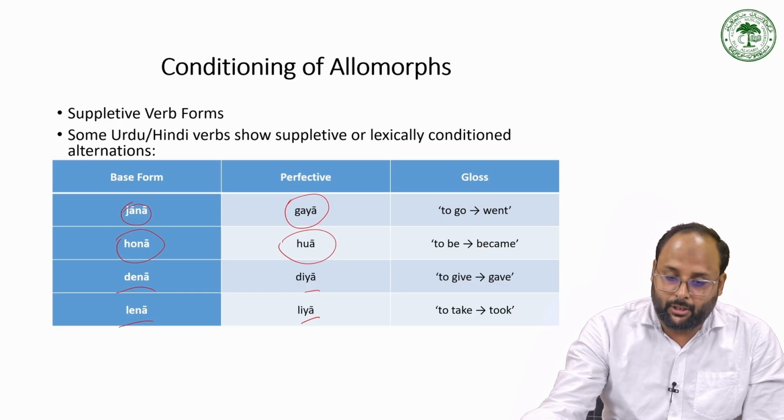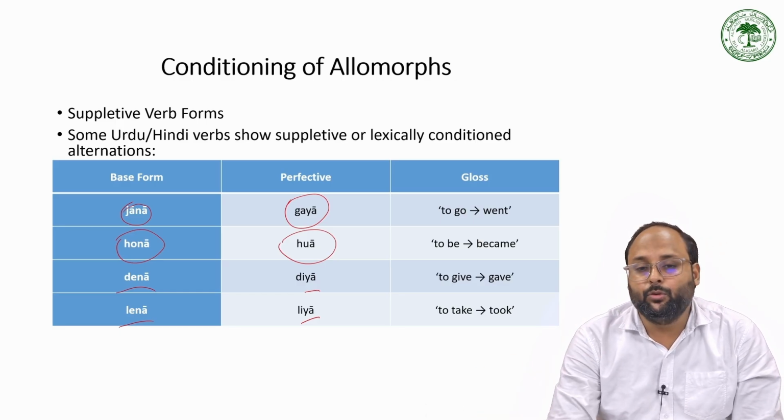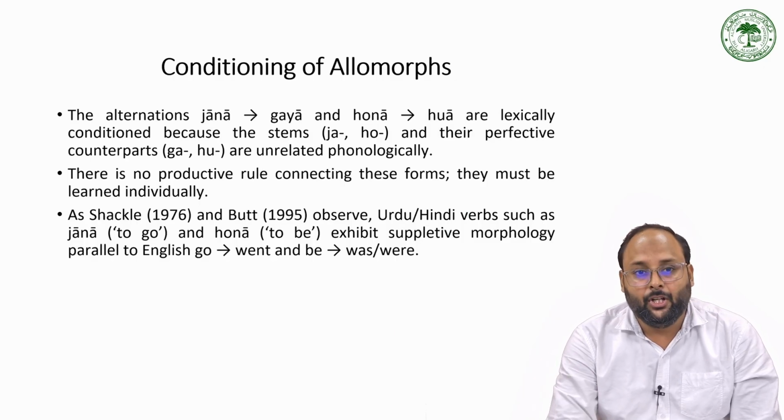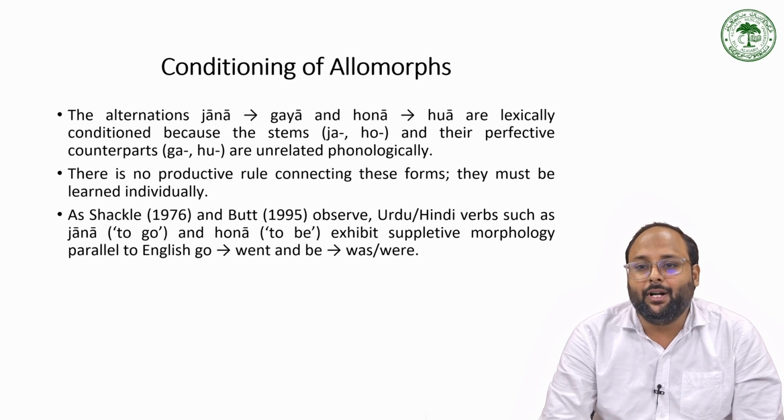So they are regular. They follow some kind of regular pattern, but in Urdu we do not have that much regular pattern. The alternations jana into gaya, hona into hua are lexically conditioned because the stems ja and ho and their perfective counterparts ga and hu are unrelated phonologically. So they do not follow the regular pattern.